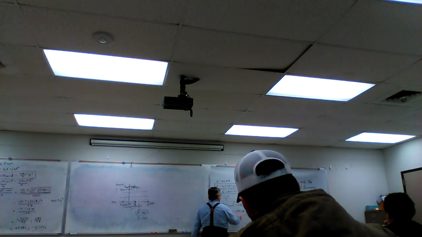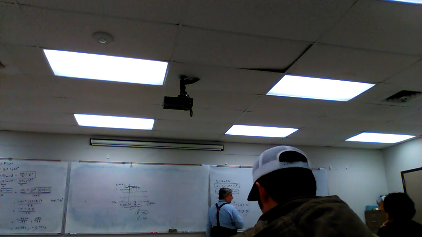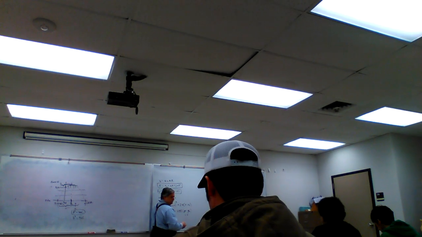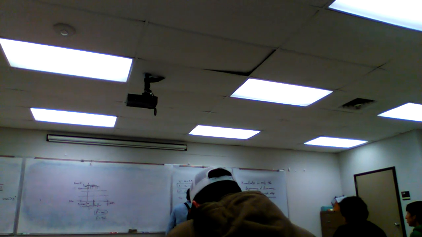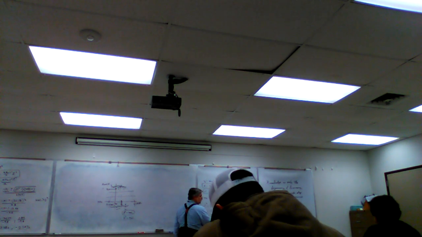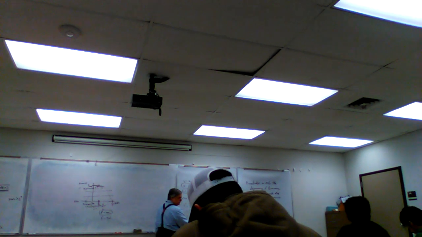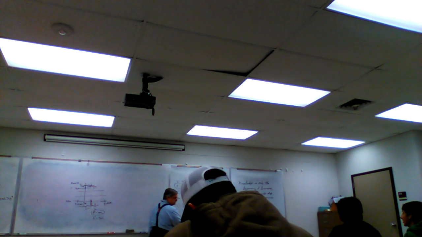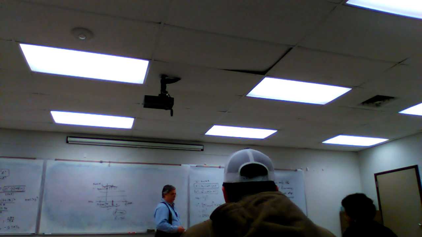$292.4. Now what's 2 times 9.8 times 1.5? Minus 29.4. Okay, and that gives us, what was the total again? $263. Close enough. V squared is 263, so what is V? 16.2 meters per second.